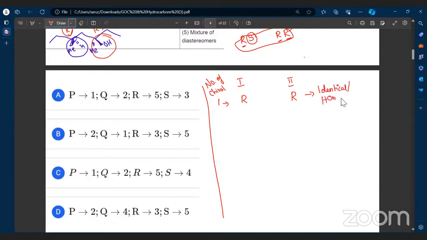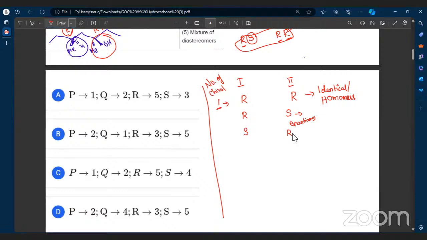If you have only one chiral carbon and one is R and the other one is S, they are said to be enantiomers. Or if it is S and R, it is an enantiomer. If both are the same, it is identical.